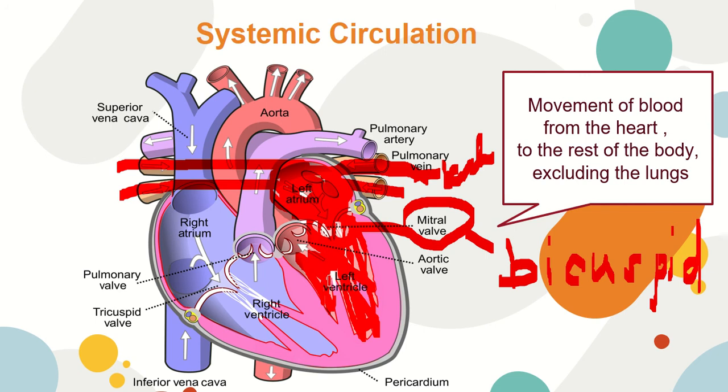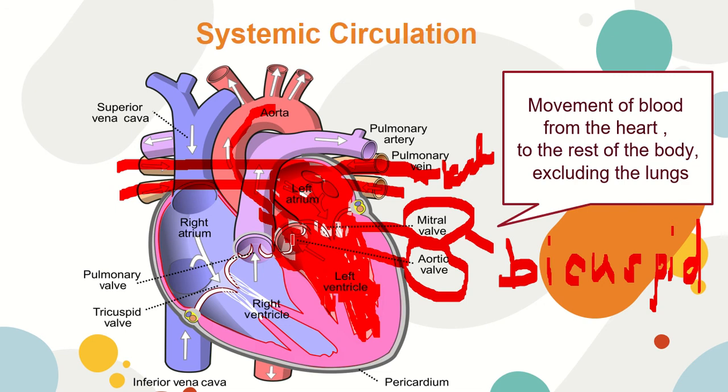Now, pag napuno na tong ating left ventricle, so lalabas naman siya, papunta naman siya kay aorta. Pero bago siya pumunta kay aorta, kailangan niya munang dumaan sa aortic semilunar valve. Okay? At pag nagsara to, mag-create ng sound na dub.